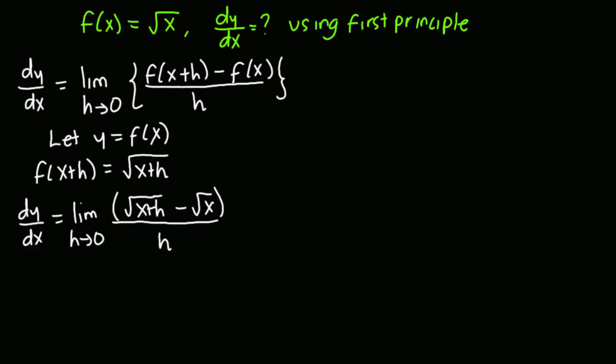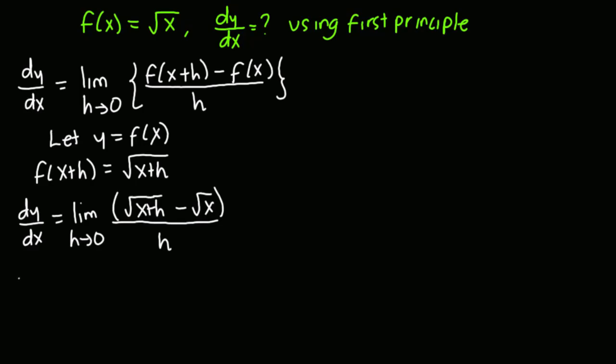And so to move further, what I'm going to do is find the conjugate of the numerator, and then multiply the original numerator and the denominator by the conjugate. This is what I mean.